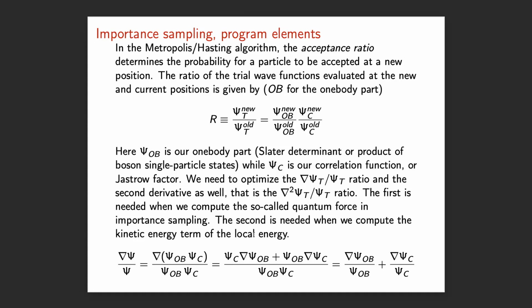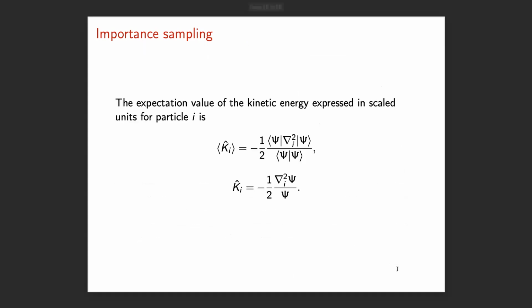So if you look at the calculation of the quantum force and the local energy, you need the gradient, and you also need the second derivative of the trial wave function. So if you look at the gradient, you need these quantities here, and this is what you have already, but then you need to include this one. And then when I look at the kinetic energy, I now calculate the kinetic energy of a given particle.